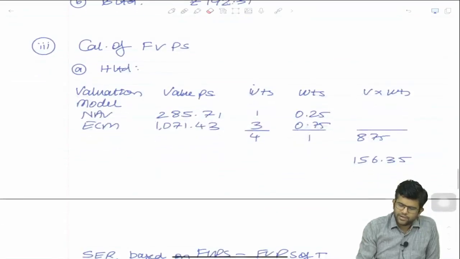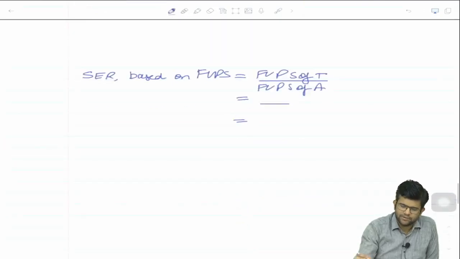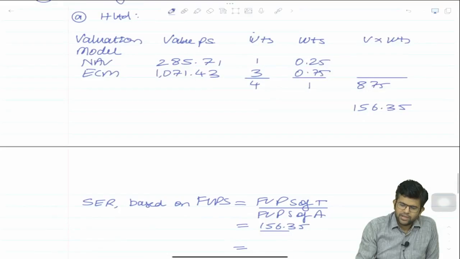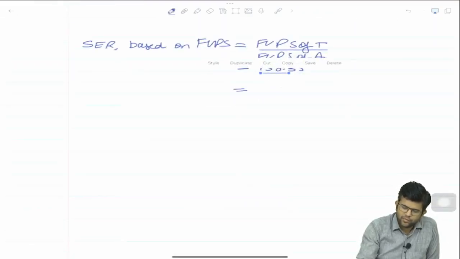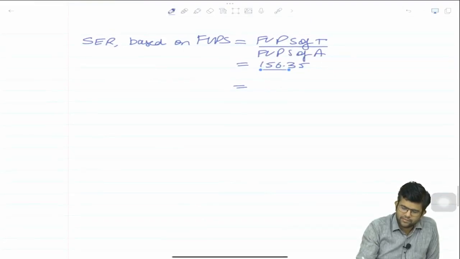So, fair value per share of target is 156.35. So, I will put 156.35 here. Fair value per share of acquiring is 875. I will put 875 here.